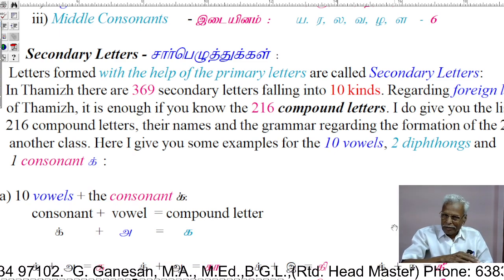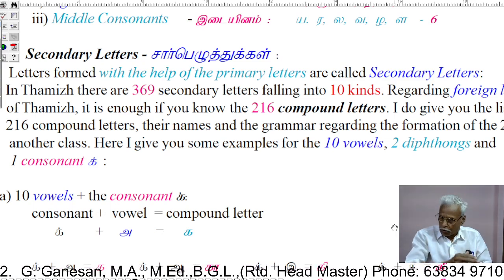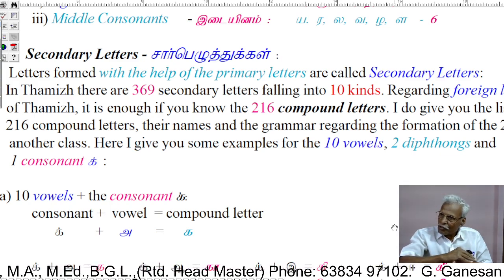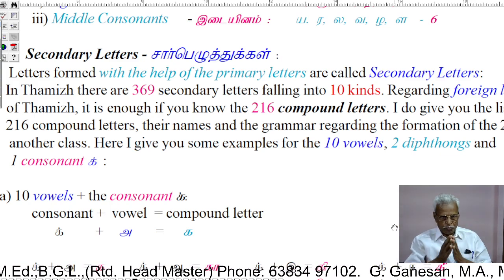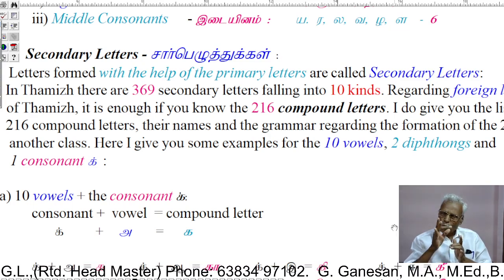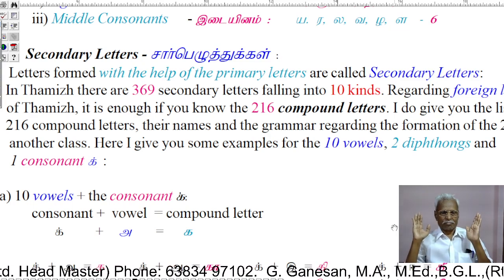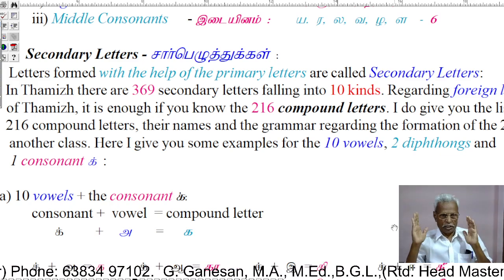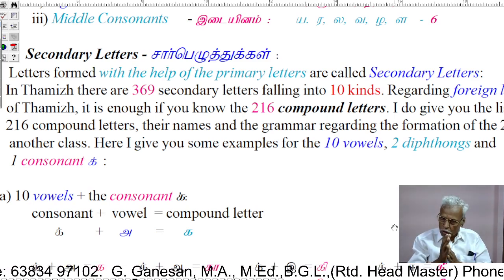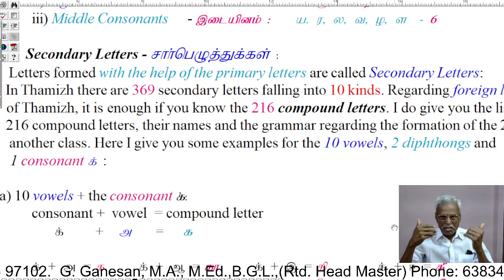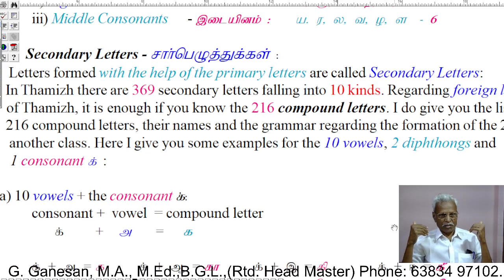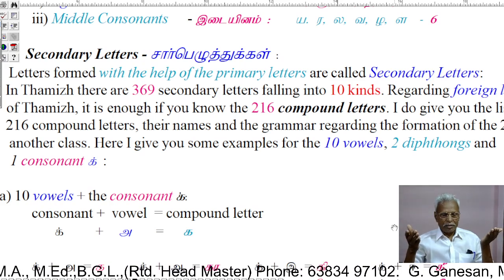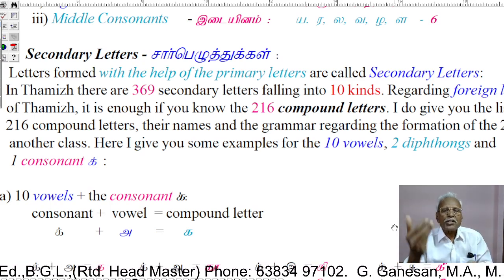Though it has been told that 369 secondary letters are used, only 216 letters are the secondary letters, plus one special letter. The remaining letters are used for some poetical purpose.